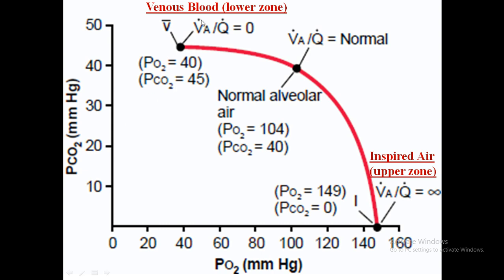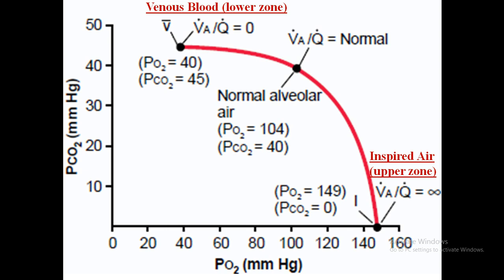There is no air here and no blood there, and both of these factors are necessary for the proper mechanism of respiration. While here in the normal alveolar air, this is the situation in which you have properly ventilated alveoli with proper perfusion.